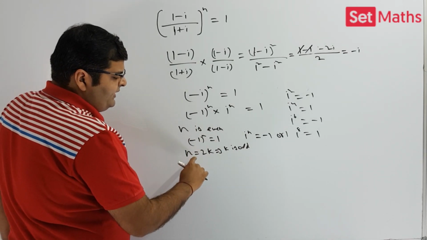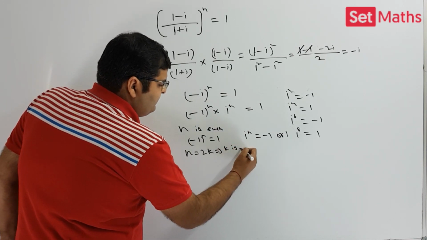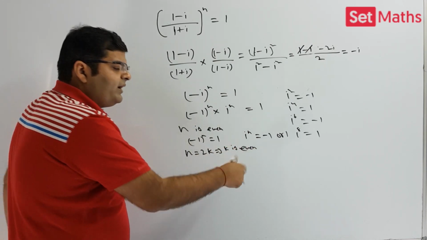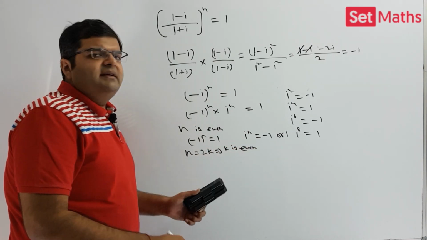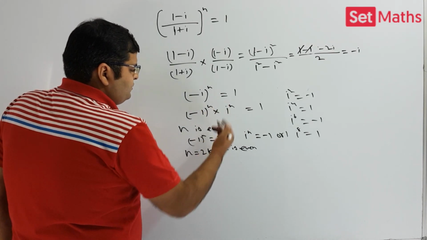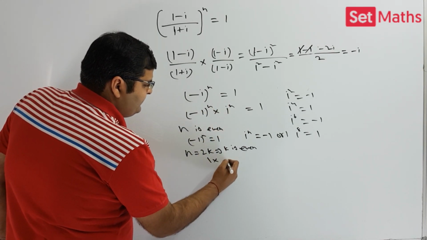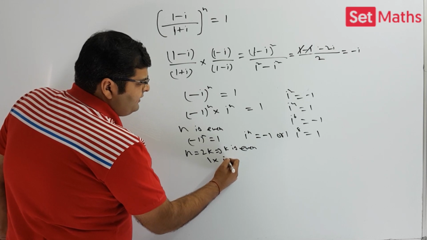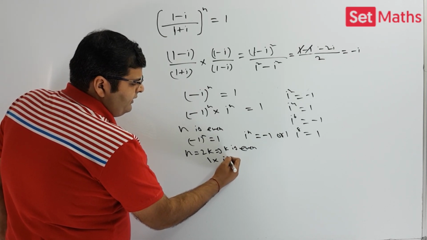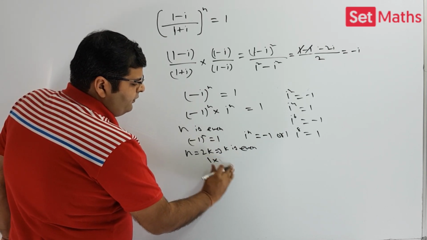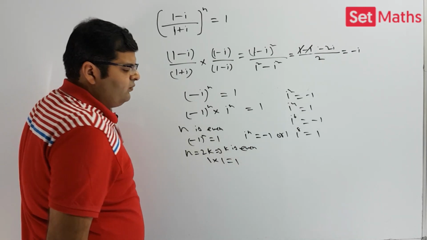In the other case, when n is 2k but k is even, that means n is a multiple of 4. So over here, this will become 1 times i raised to a power that is a multiple of 4. i raised to a power that is a multiple of 4 is 1. So 1 into 1 is 1.